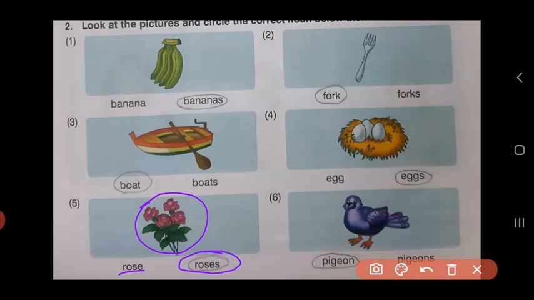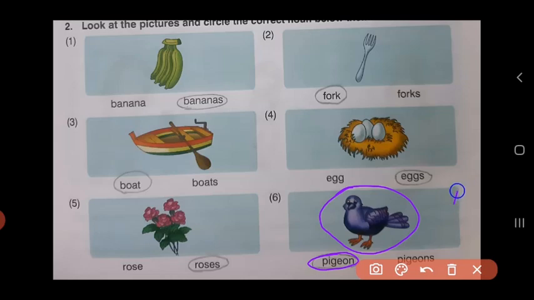So rose with an S. And the last one is a picture of a pigeon, a bird. It is a single bird or pigeon. So I have to circle pigeon. It cannot be pigeons.